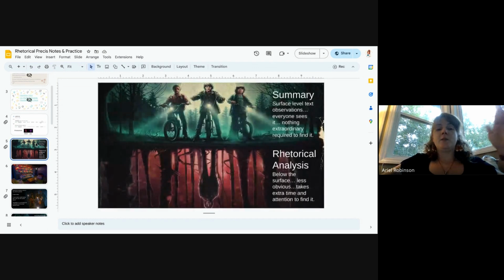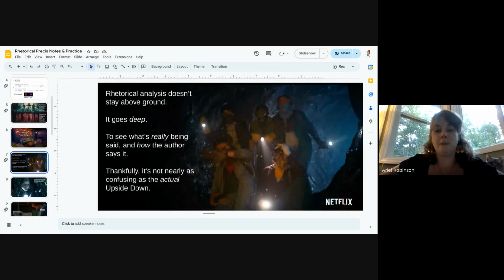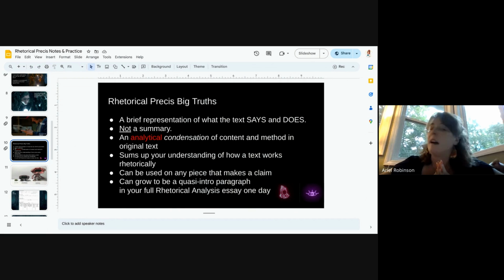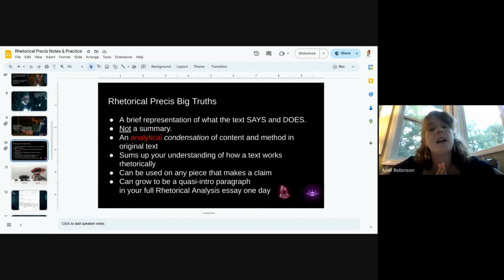And so as you go through this document, you can see that rhetorical analysis is below the surface. So it's less obvious. You have to kind of reveal information. So when you're writing a rhetorical précis to go with your one-pager, it is a brief representation of what the text says and does. It's not a summary. I don't want to read summaries.